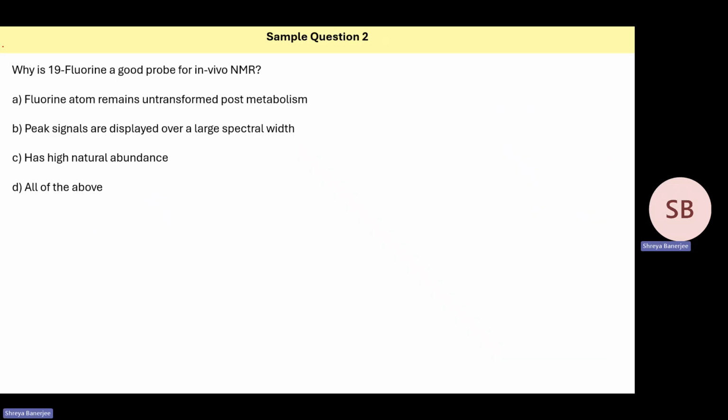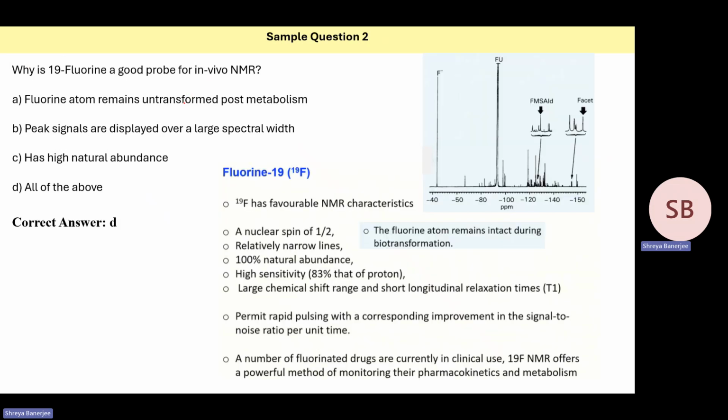Then you have a question: why is 19-fluorine a good probe for in vivo NMR? Let us look at the advantages of 19F. Firstly, the fluorine atom remains intact during biotransformation. Here an example is seen. This FU, a fluorine-containing drug, is given. It breaks down into various metabolites: metabolite 1, which is an aldehyde, metabolite 2, which is an acetyl.